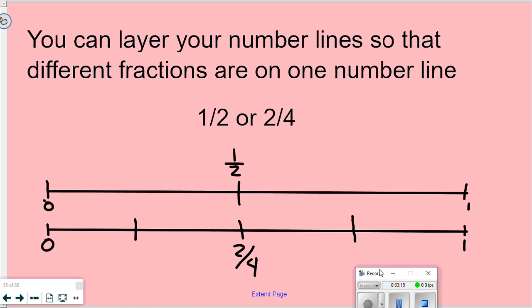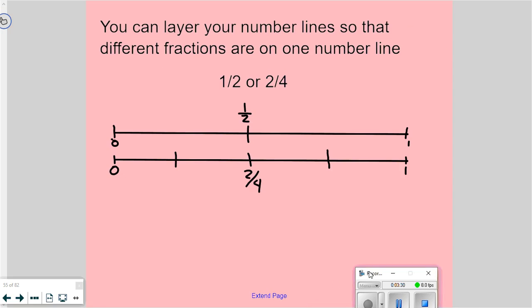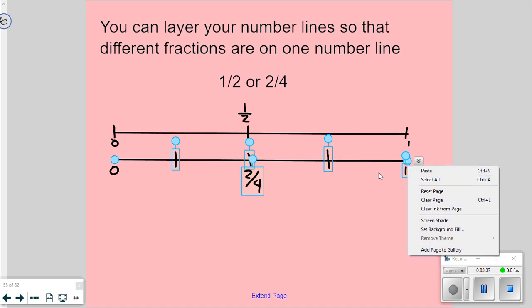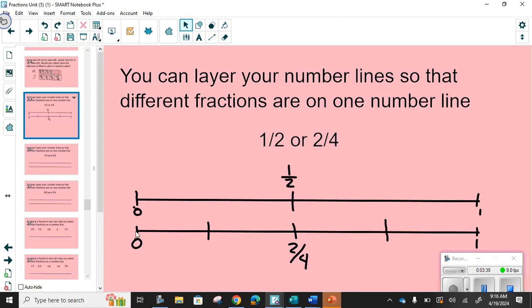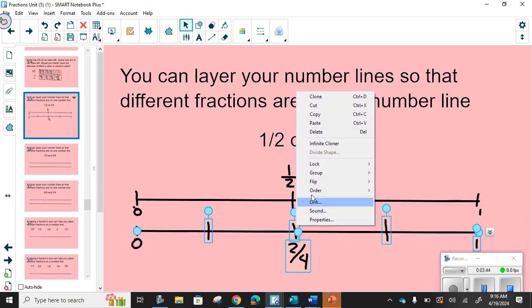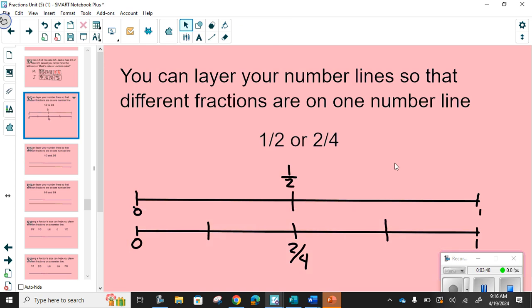All right, so now we're going to talk about this layering thing. Underneath these two number lines, draw one more number line. On that number line, watch what's going to happen.